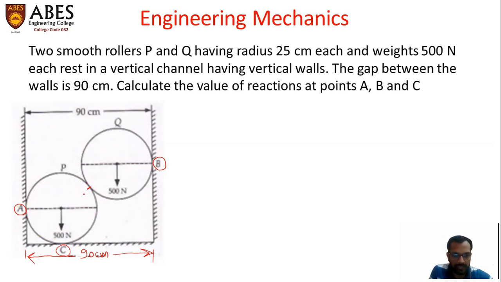Suppose this point of contact is D. Okay, so there are 3 unknown reactions. So we will consider the upper roller first.